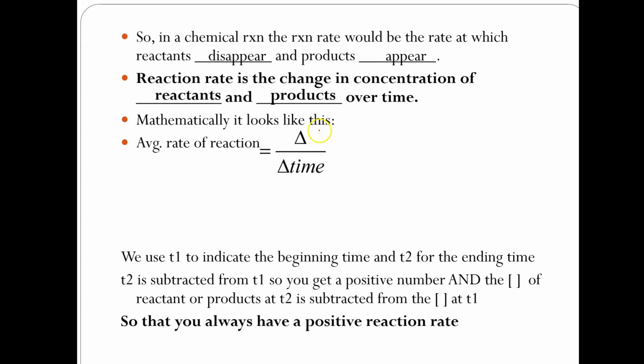So this would really look like a change in concentration over time. And time is T1 to indicate the beginning and T2 to indicate the ending. So you subtract T2 from T1 and you will always end up with a positive reaction rate.